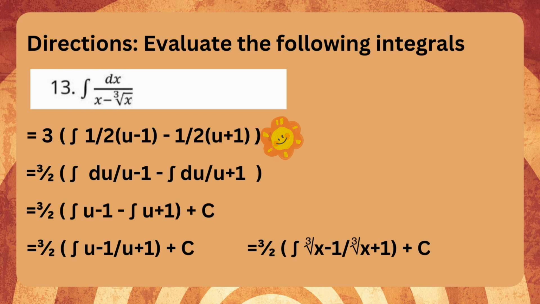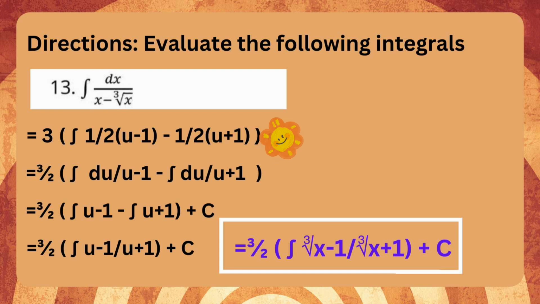The result of the integral using substitution and partial fraction is 3/2 times the integral of cube root of x minus 1 over cube root of x plus 1 plus c.